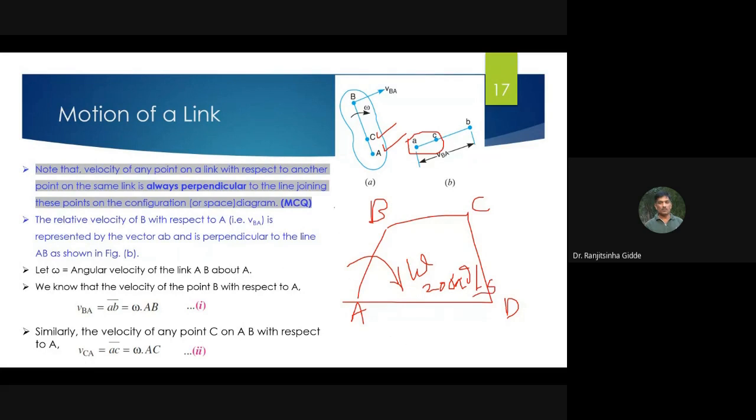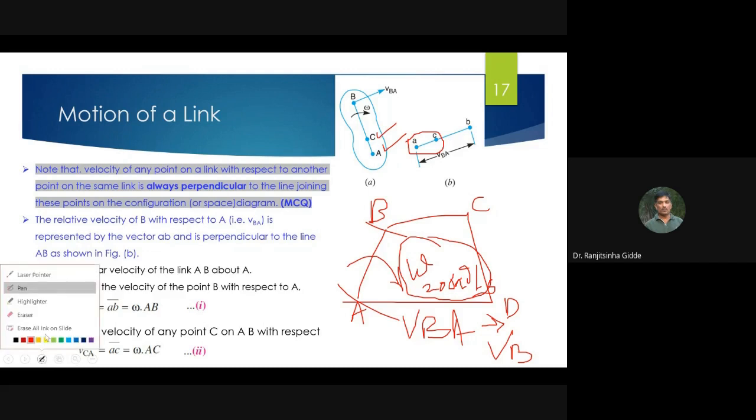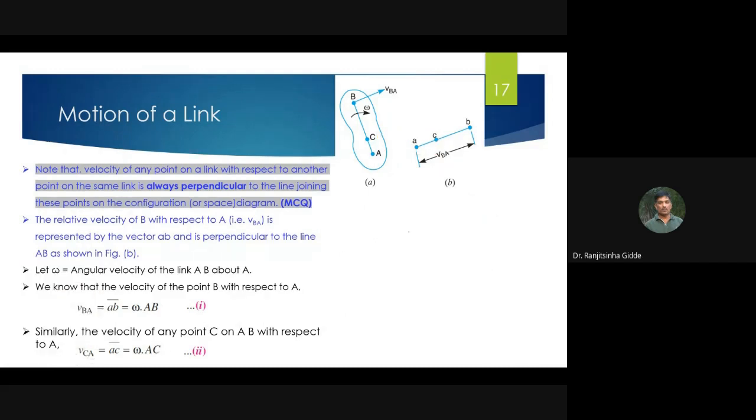Then how to find this VBA or simply VB? We need to take this 20 radian per second along with this distance. So that is required while solving the numericals of velocity and acceleration.